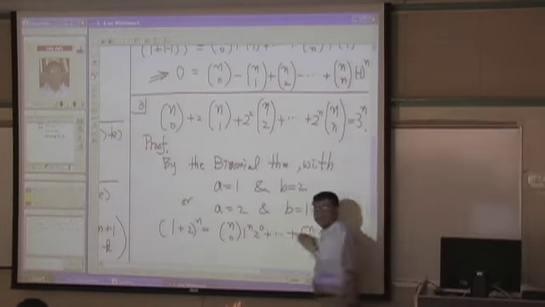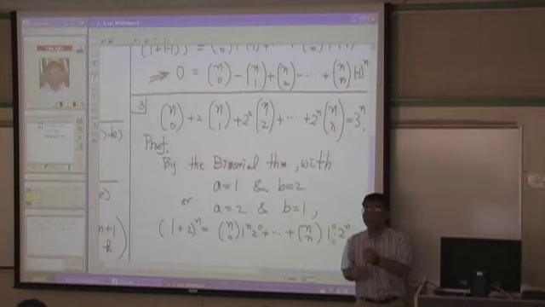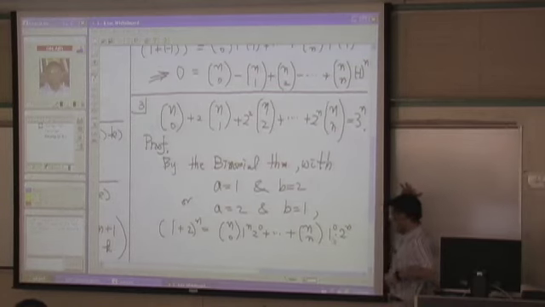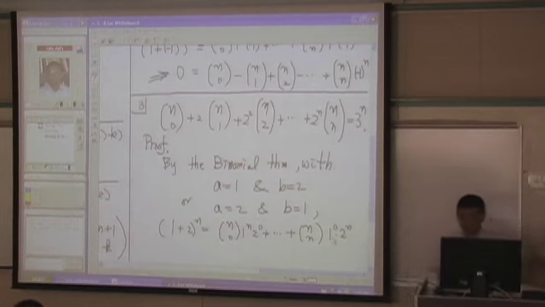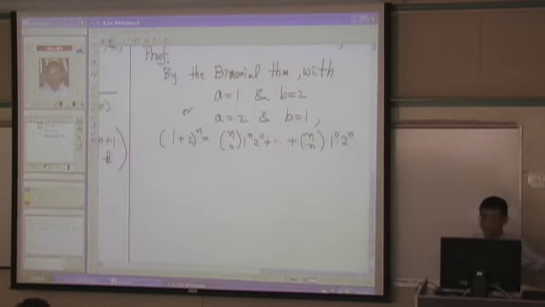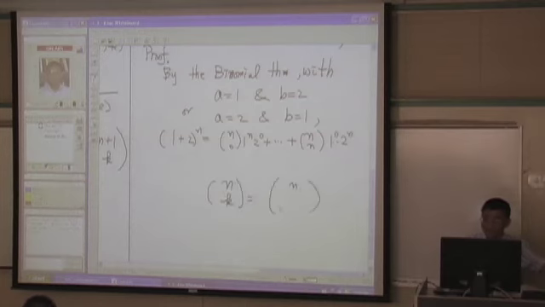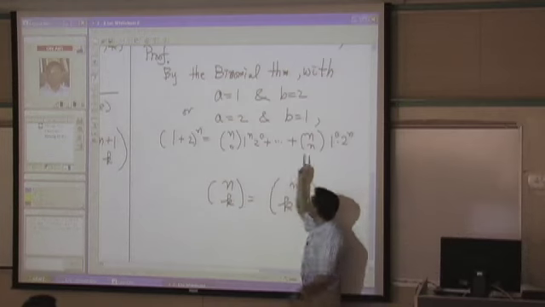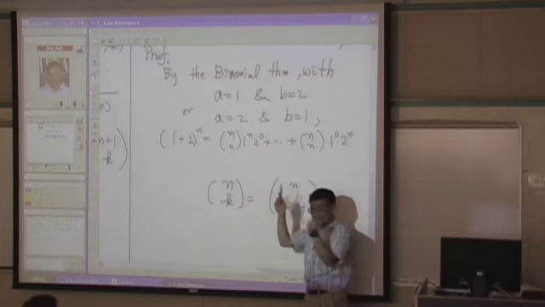Any questions? Yes? Either one, compare the second pair. Oh, we use the fact that n choose k is equal to n choose n minus k, then we can flip everything. We can flip these back, then it can happen.